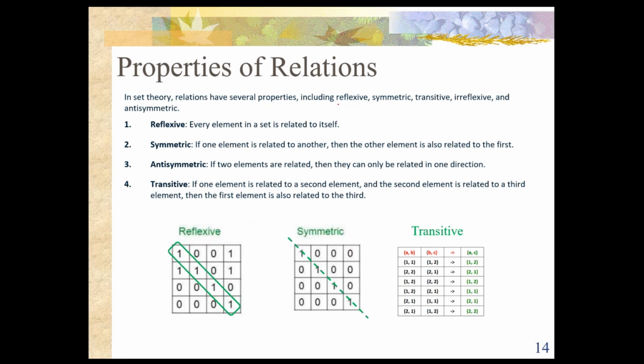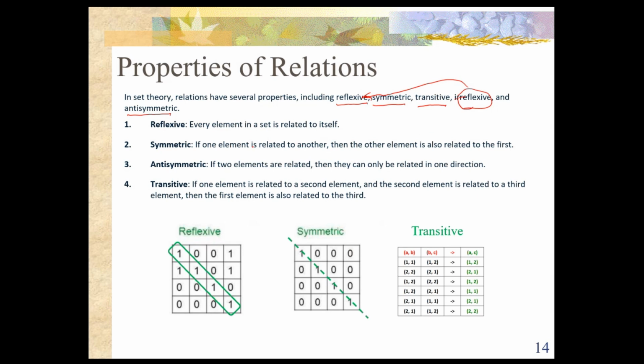Is the relation matrix reflexive or not? That's the first one. Is it symmetric? Is it transitive? Is it anti-symmetric? Now, irreflexive basically means it doesn't fulfill the criteria of being reflexive.